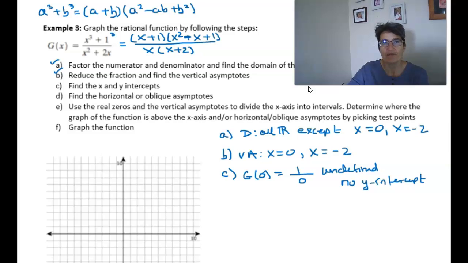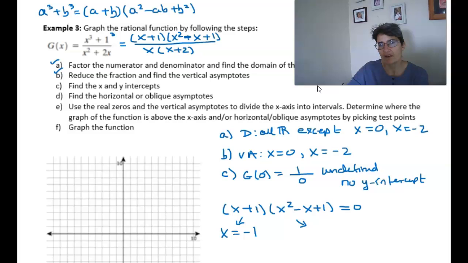Right. For x-intercepts, we put the top equal to 0. Let's use the factored form. When we set the whole thing equal to 0, the denominator is going to vanish because you multiply it by 0. So this gives me x equals -1. And this one does not factor. If you solve this with the quadratic formula, it's going to give you imaginary numbers.